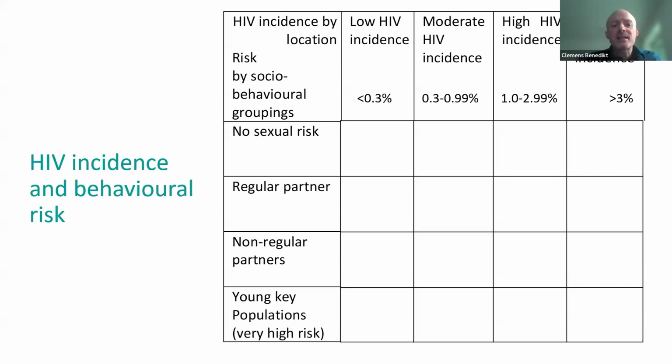It differentiates between different levels of HIV incidence, from low HIV incidence, defined as less than 0.3%, to very high HIV incidence, with more than 3%, and then different sexual risk categories, including no sexual risk, regular partner, non-regular partners, and young key populations being the highest risk categories.